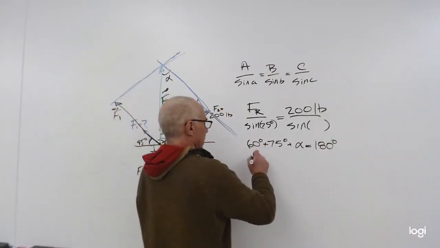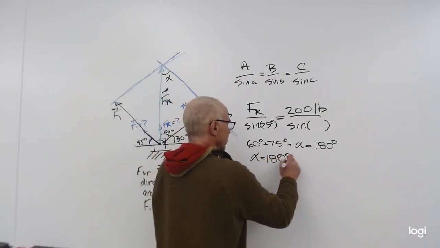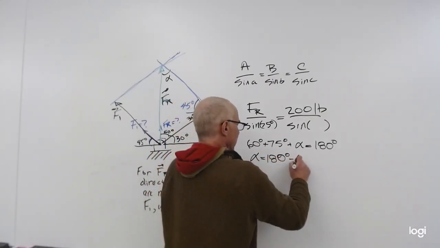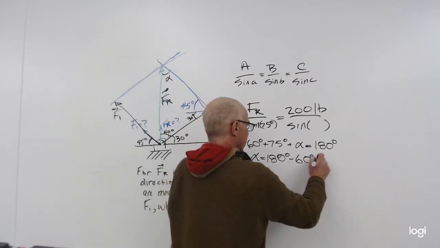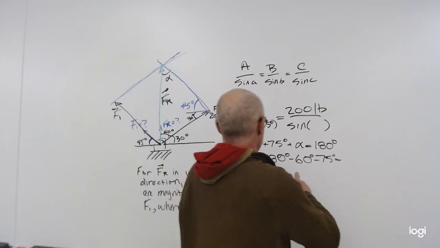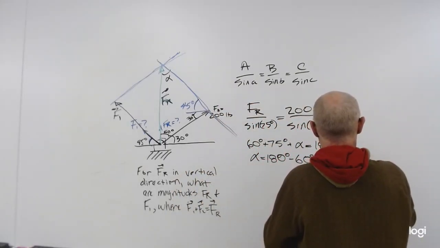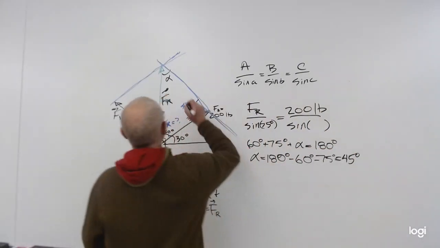So alpha equals 180 degrees minus 60 degrees minus 75 degrees equals 45 degrees. All right, so this is 45 degrees.